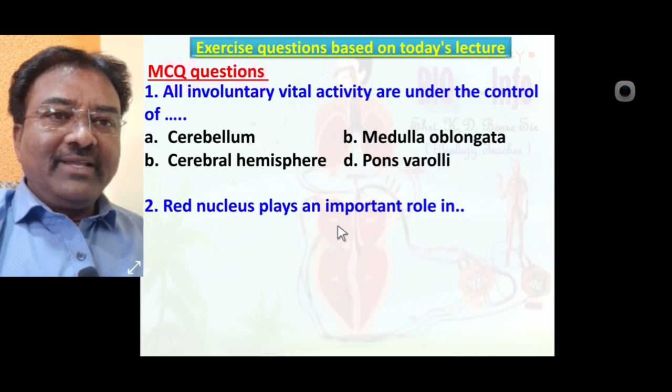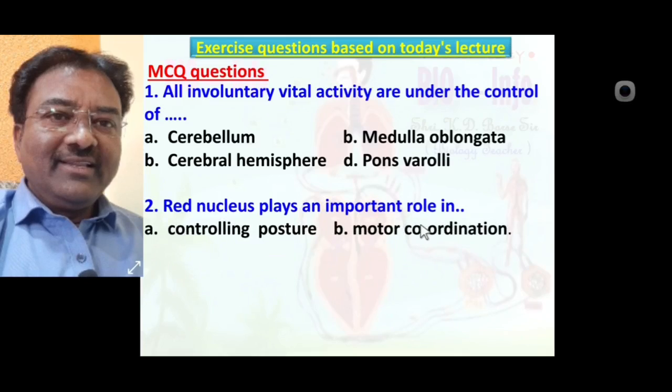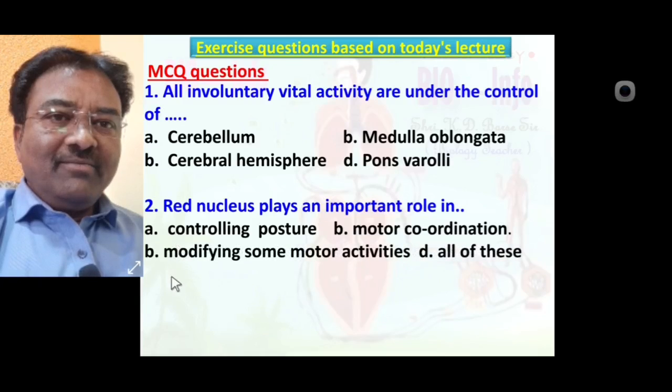Red nucleus plays an important role in controlling posture, motor coordination, and modifying some motor activity. Yes, the correct answer is all of these, functions done by the red nucleus.